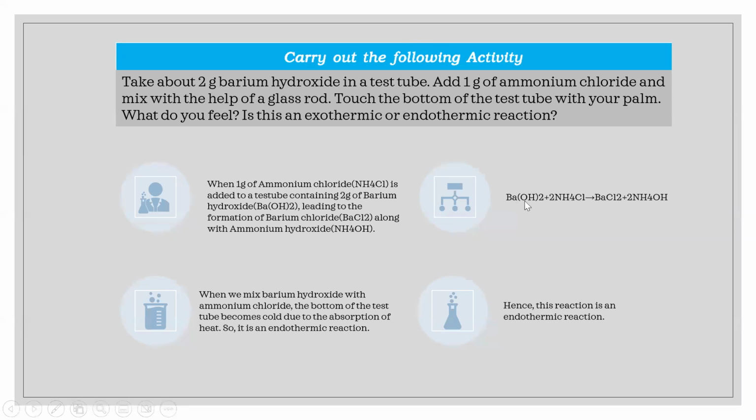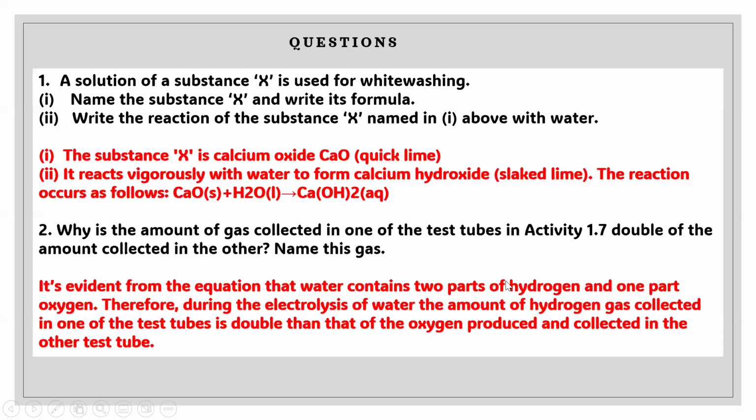When we mix that, we can see that the test tube becomes cold. The test tube becomes cold due to the absorption of heat. When heat is absorbed, we call it an endothermic reaction. So it is an endothermic reaction.